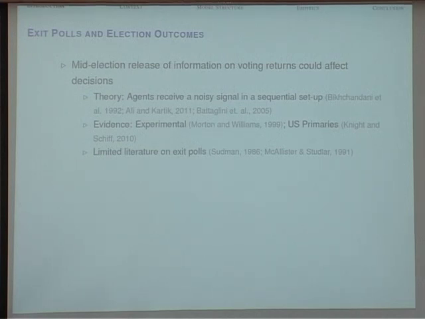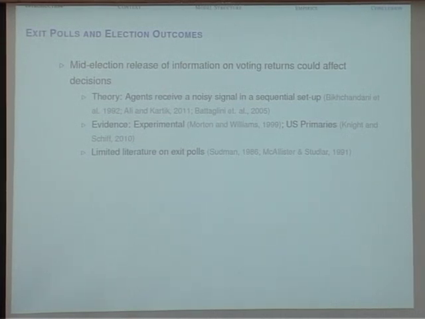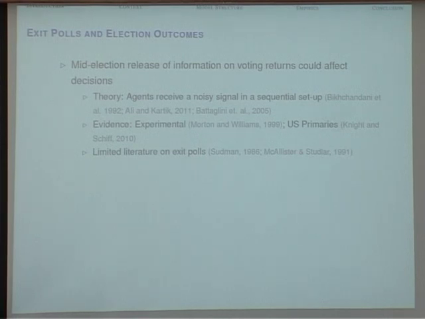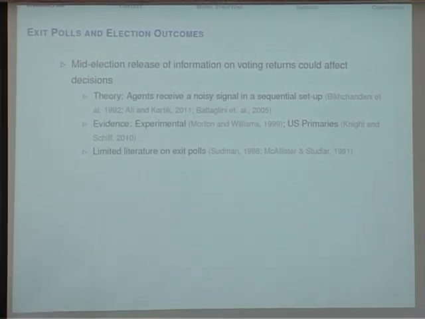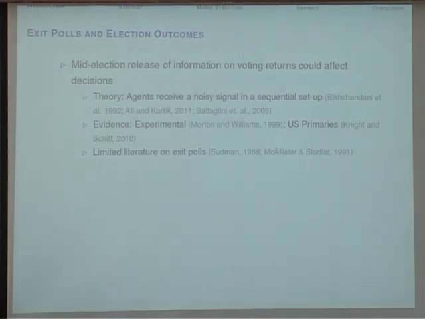The way they identify this effect is to track the evolution of the common prior over the rounds of the US primaries. There's limited literature on exit polls, coming mainly from qualitative surveys, where voters are asked whether they are aware of exit polls and whether, for example, it has affected their turnout, the probability that they will go out to vote.